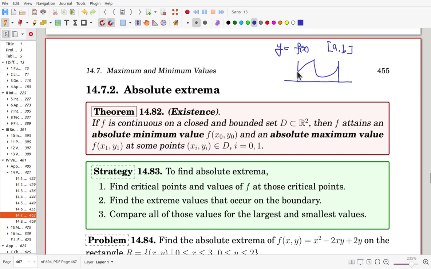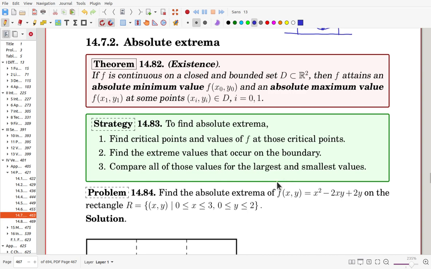Then you try to get the critical values here and here, and the edge values. Among these, the largest one is the absolute maximum, and the smallest one is the absolute minimum. So it is exactly the same way we can find the absolute maximum and absolute minimum for functions of two variables.